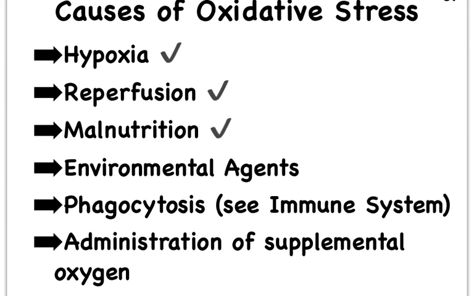So next we're going to spend quite a bit of time on some environmental agents and why they cause oxidative stress. Now, of course, there are many environmental agents that can create all kinds of issues in our body via oxidative stress. So we're not going to visit all of them. We'll just handpick a few.